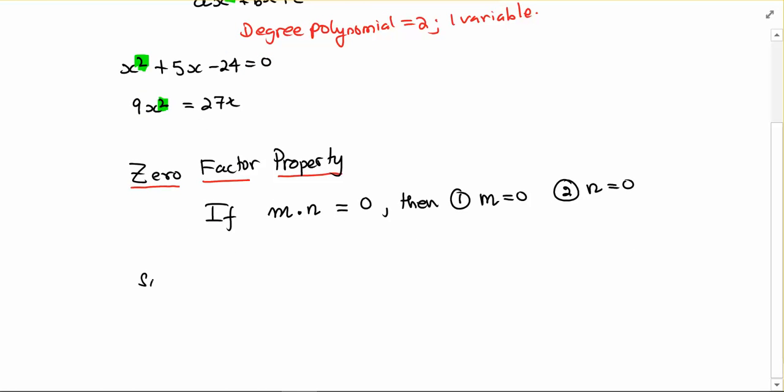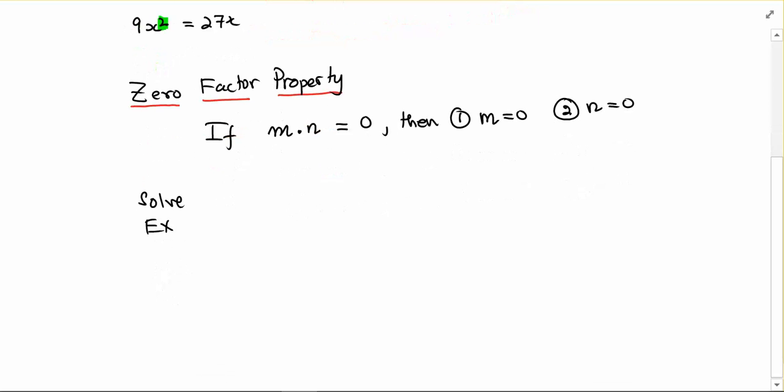So, solve example 1. Let's say you had x plus 8 times x plus 2 equal to 0. Now you can clearly see, I hope, that this is like m times n right there, equal to 0.